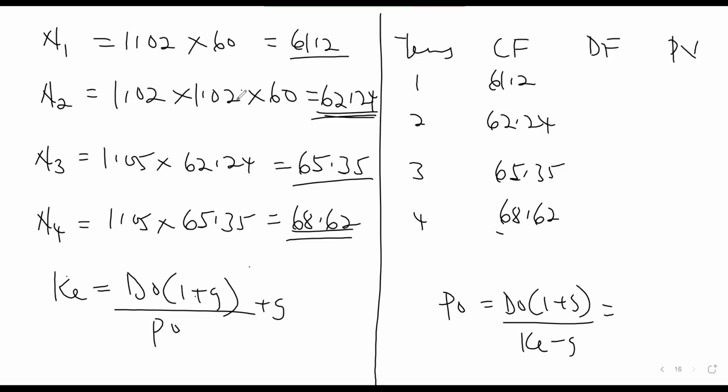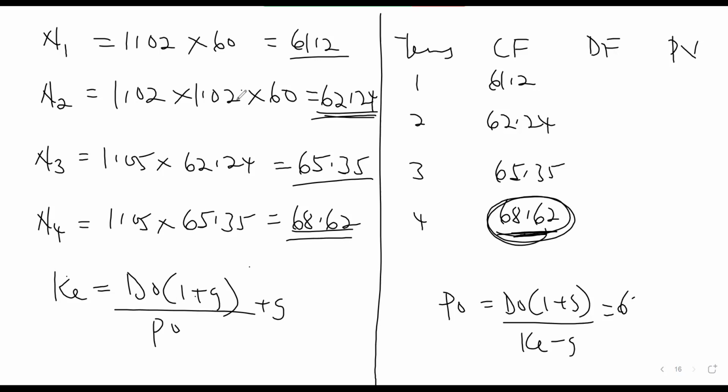The dividend that you use over here will be estimated at the end of the 4th year. If you are calculating the cost of equity, it is next year's dividend that is used in this year's calculation. That's why we do the growth at the end of the 4th year.